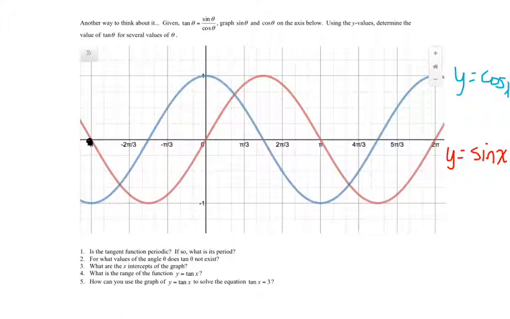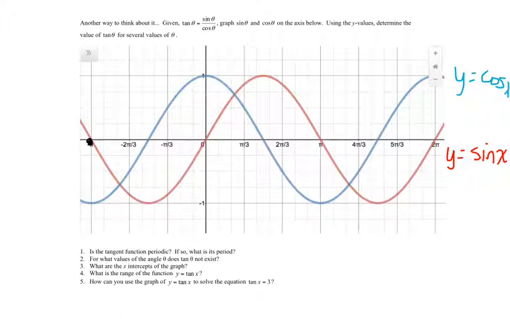Here the red and blue are equal to each other. So when I divide red by blue, and think about this, they're both negative and they're equal to each other, so it's going to be equal to positive 1.